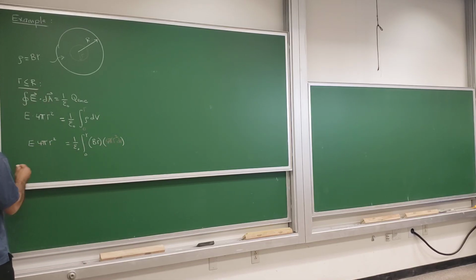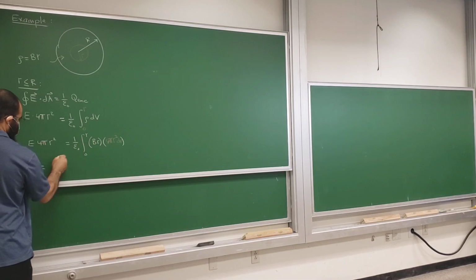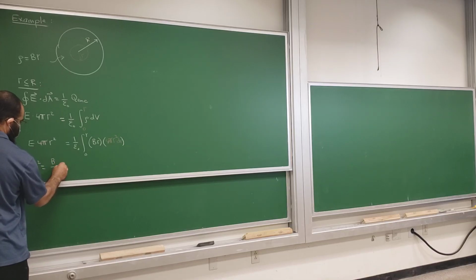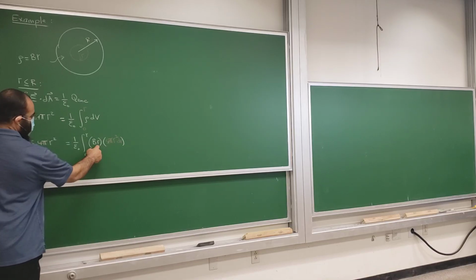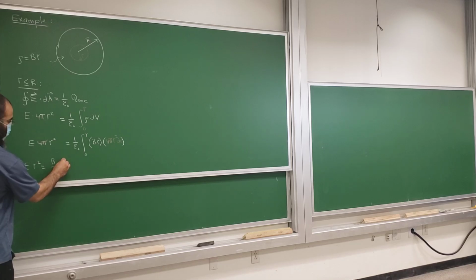So here you have E times r squared. On the right side, you get b over epsilon naught, and then r times r squared is r cubed, right? When you integrate r cubed, you get r to the 4th over 4.